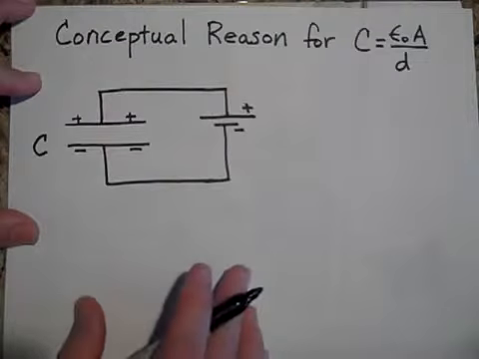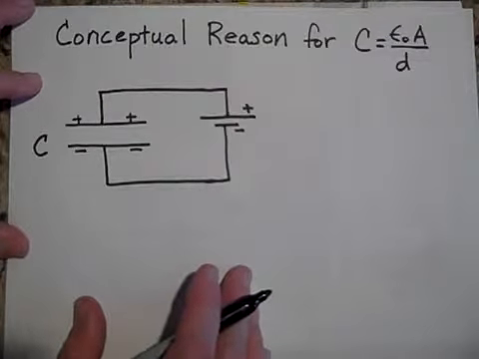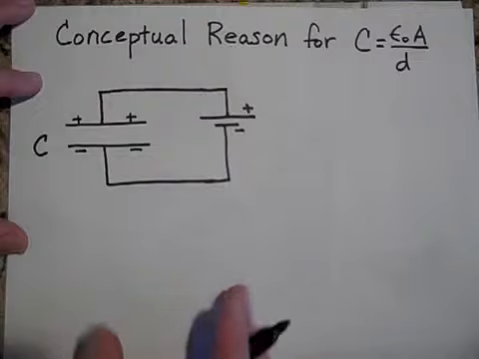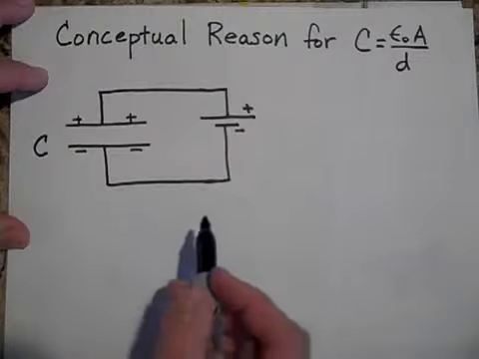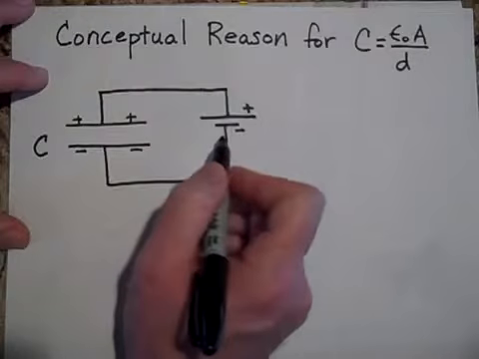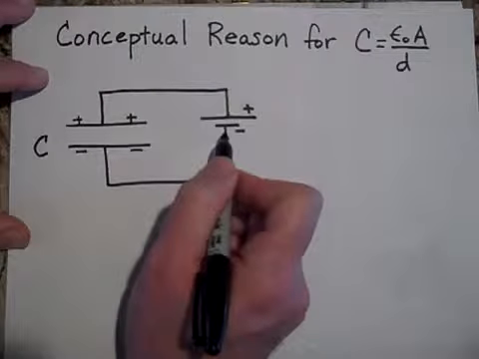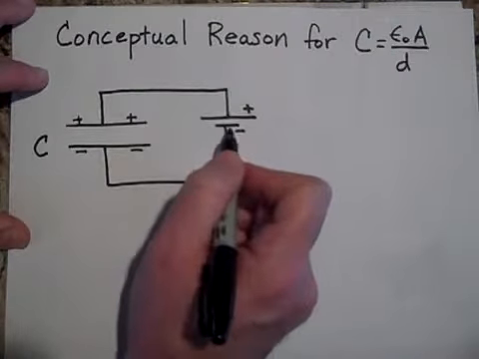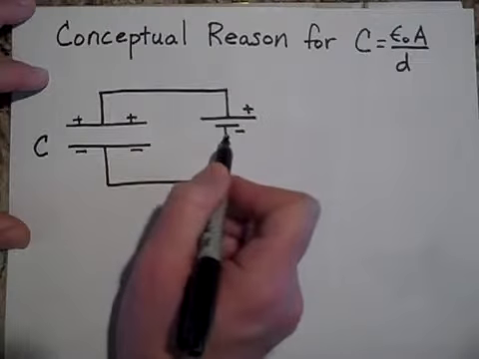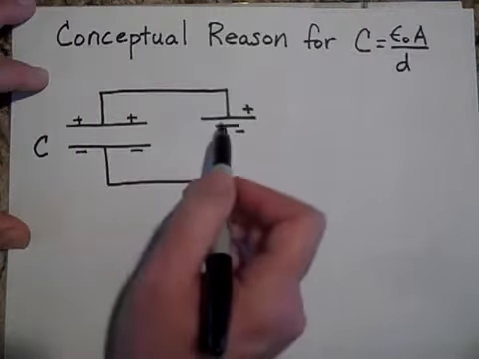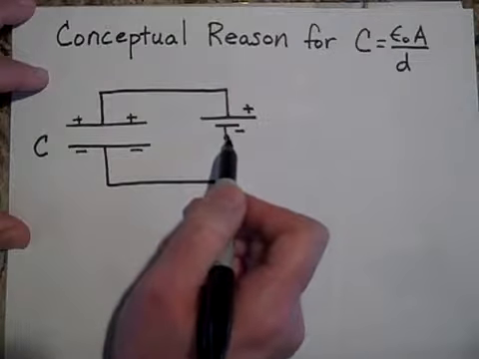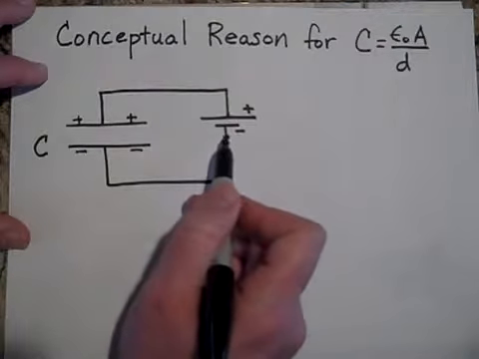There's a rule, I'm not sure if you learned it last year, called Kirchhoff's loop rule, that says if you start at any point in a circuit, it doesn't matter where, and you go around the circuit, it doesn't matter which way, you have to gain as much voltage as you lose.